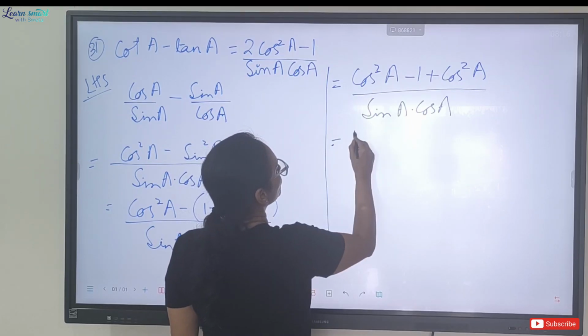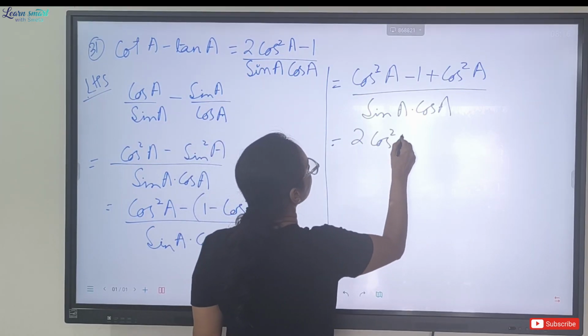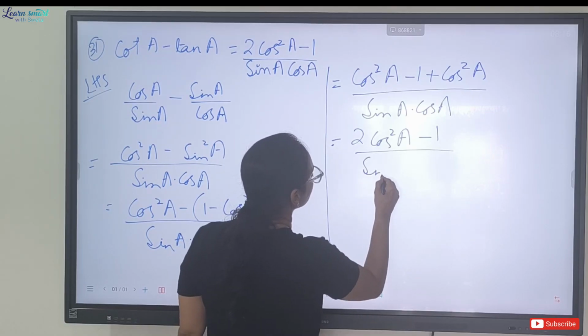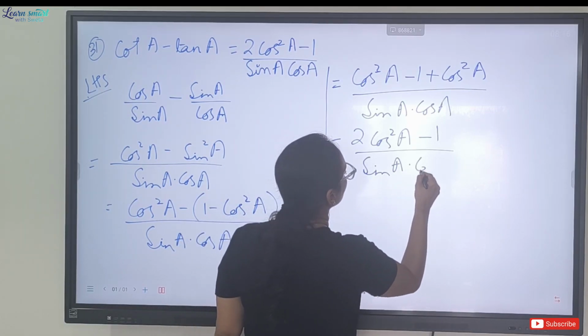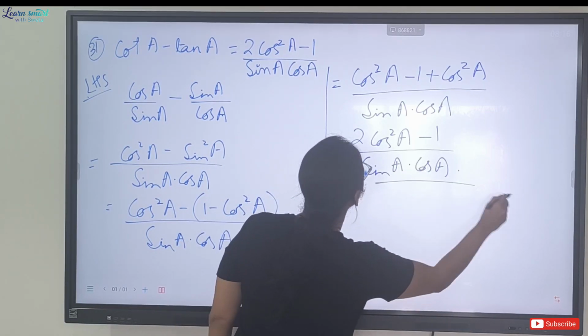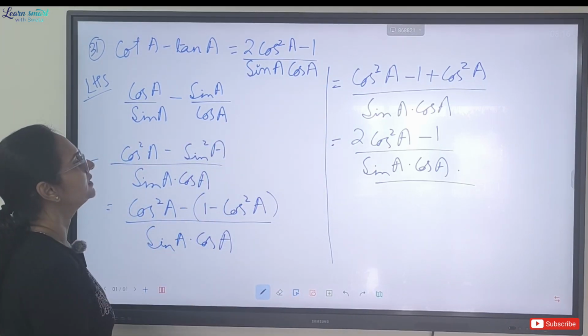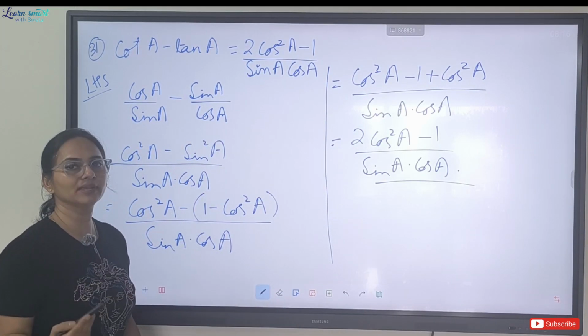Cos square A plus cos square A, we can write 2 cos square A minus 1 upon sin A into cos A. And if you see, this is what the RHS is. So we have got the RHS and we can prove it.